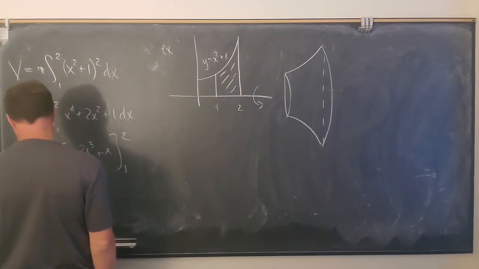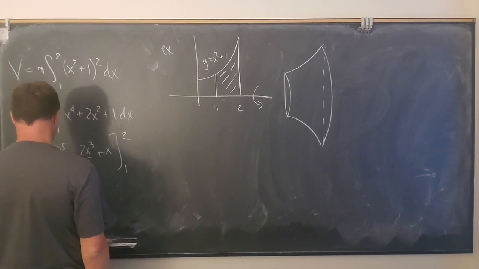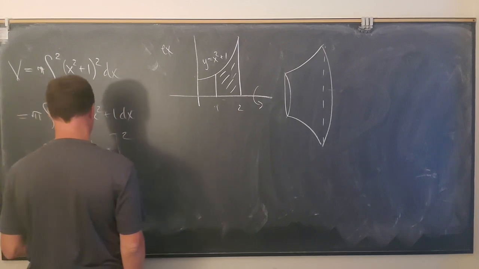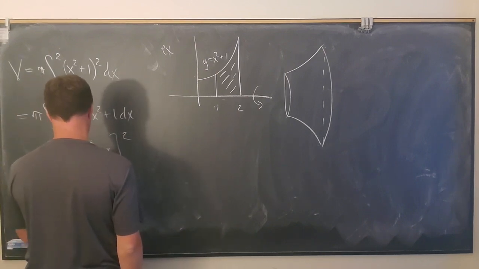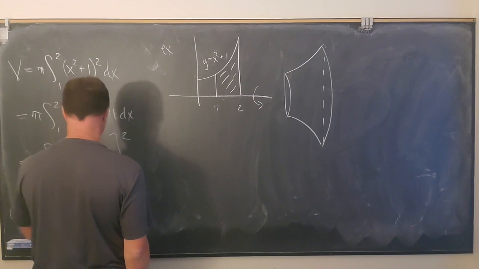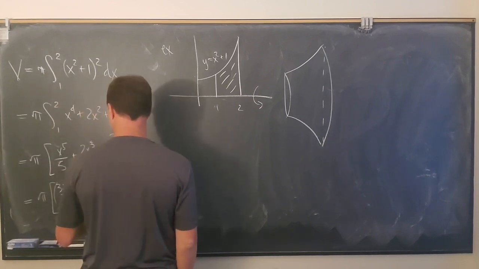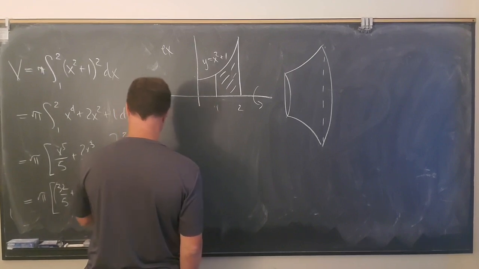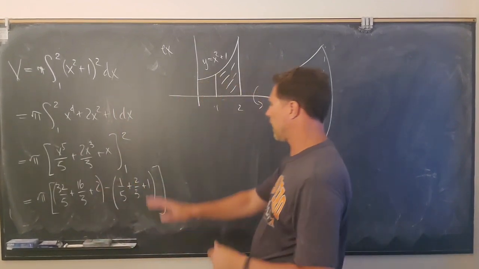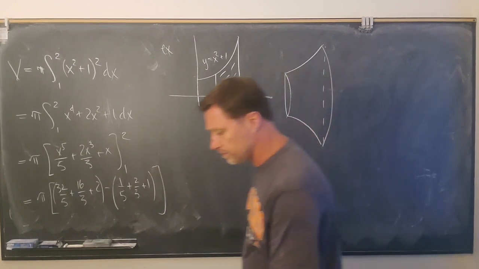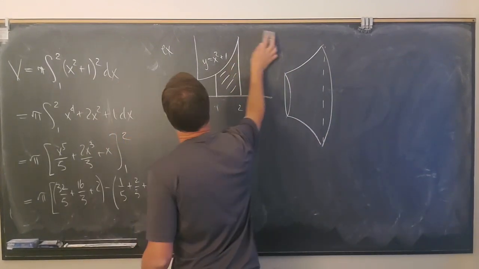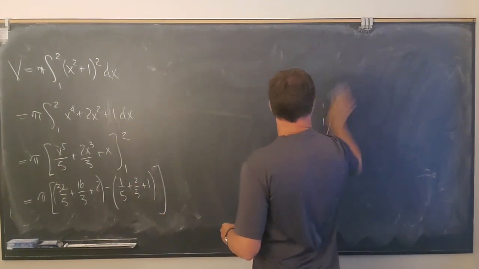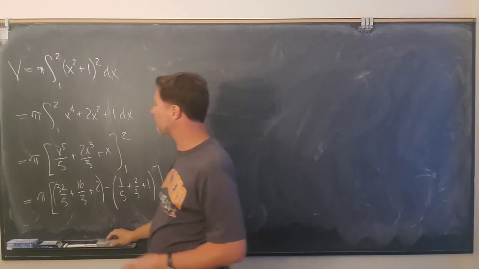The answer is not going to be pretty at all. So this will be 32 fifths plus 16 thirds plus 2, minus 1/5 plus 2/3 plus 1. You could simplify this if you like, but there's the answer. I'm not too concerned with the actual simplification steps in this problem. Hopefully everybody understands the process for finding the volume, though.